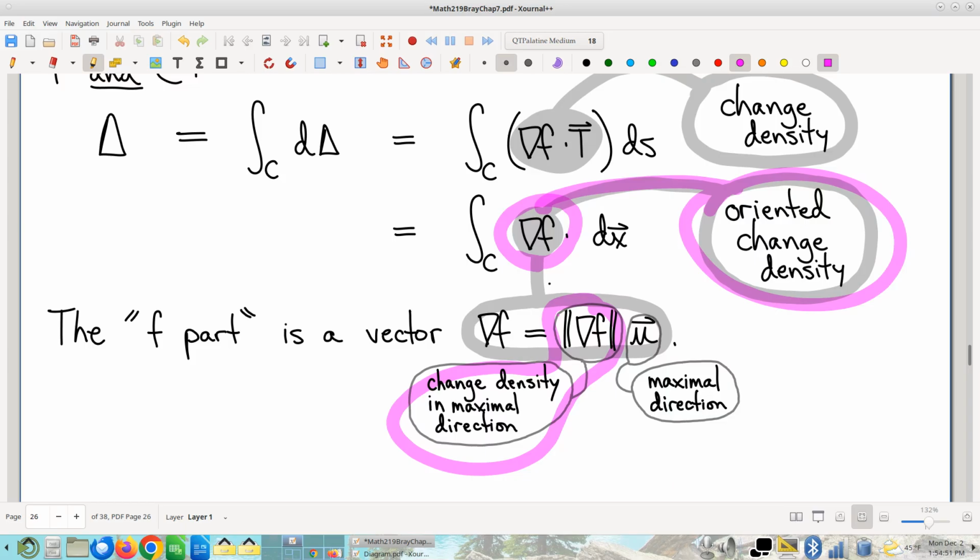If I go that way, it's not going to seem as steep. It's literally not as steep, right? So yes, it's a steep mountain as per the magnitude of the gradient, but as I go in a specific direction. And the direction that I have to go to perceive that actual steepness is the other thing that the gradient tells us. So it tells you how steep is the mountain and in what direction is it that steep.